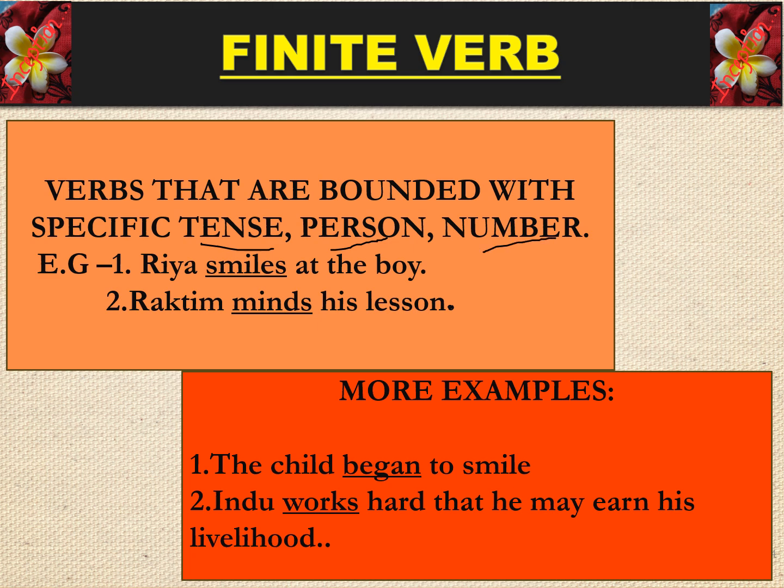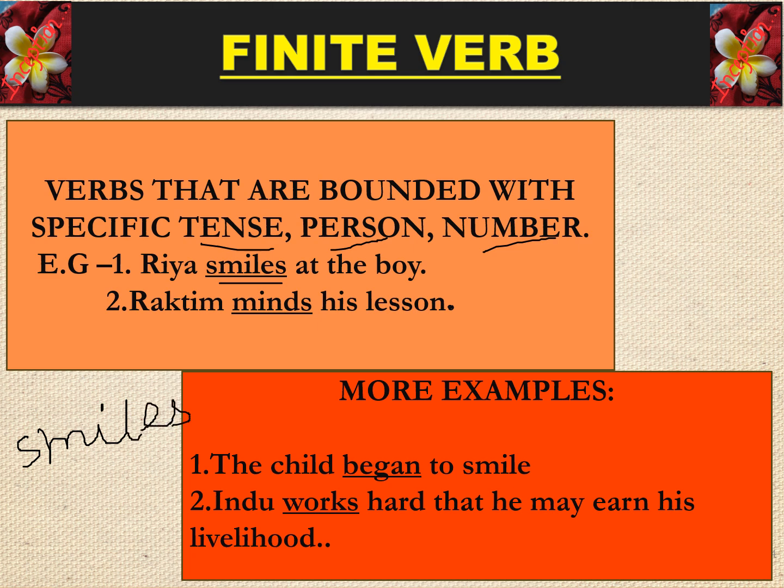Number one, Ria smiles at the boy. Here, smiles is the verb, we know it. But what is the main form of smiles? That is smile. But why are we writing smiles here? Why?